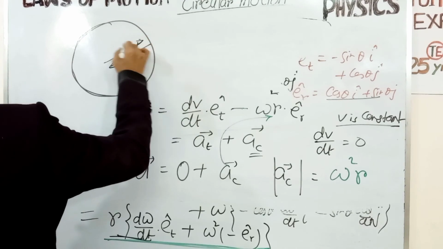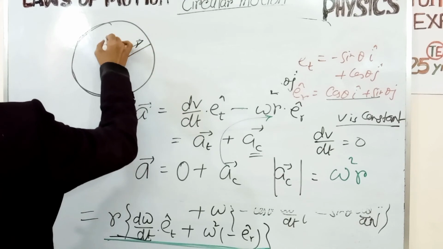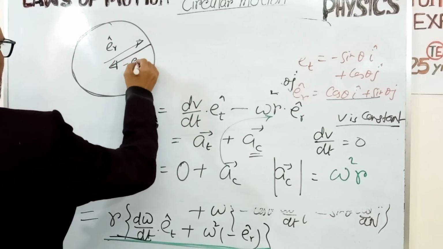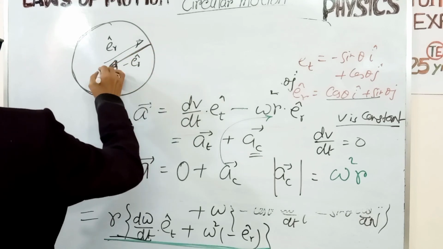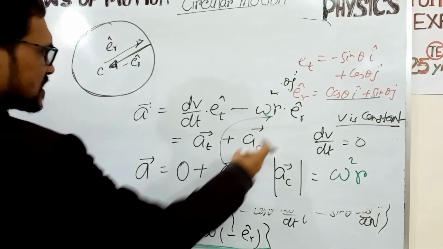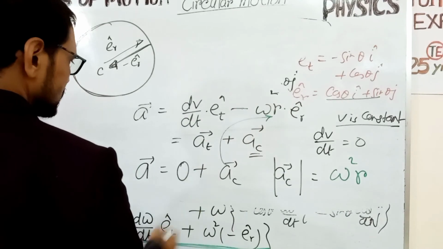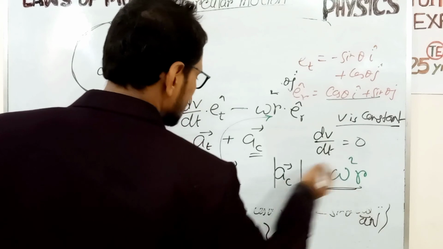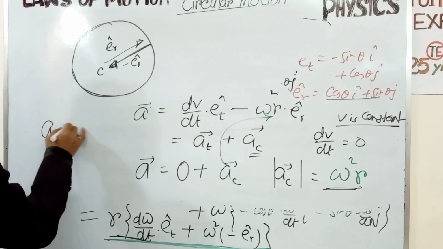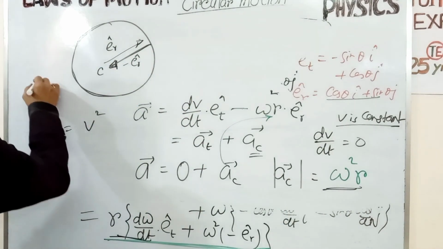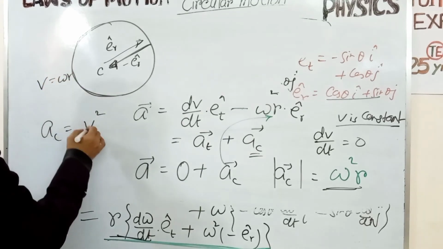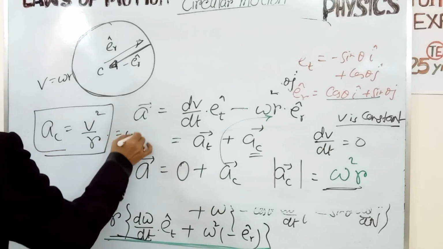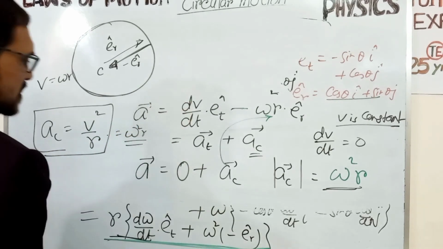The er vector is in this direction, and minus er is in this direction, so it is directed towards the center. So centripetal acceleration has the direction towards the center, and the magnitude is this. So ac equals v square by r. If we put v equals omega r, then omega equals v by r, giving v square by r. We get both magnitude and direction from this mathematical calculation.